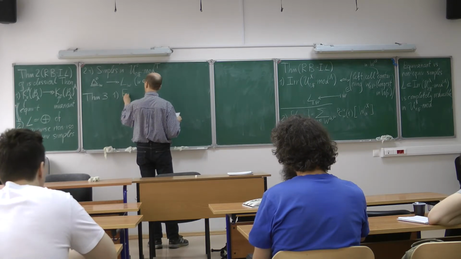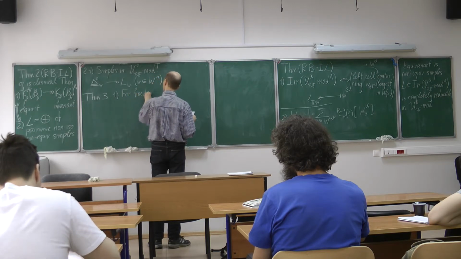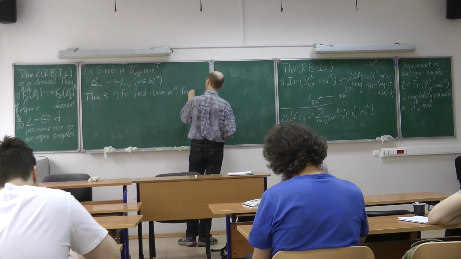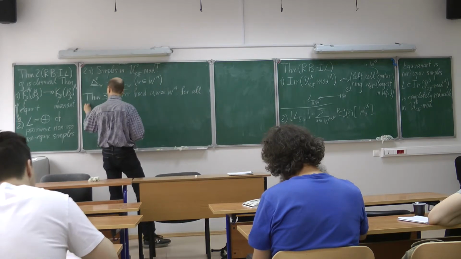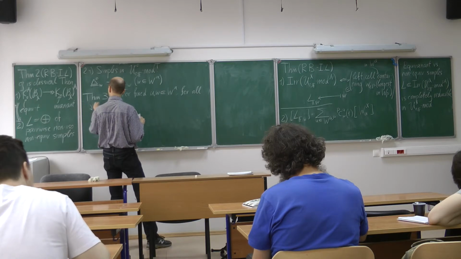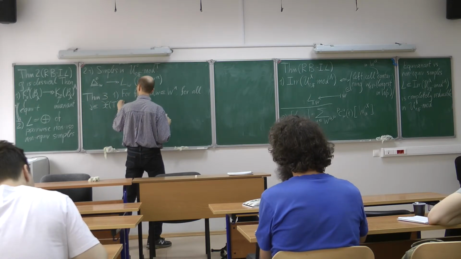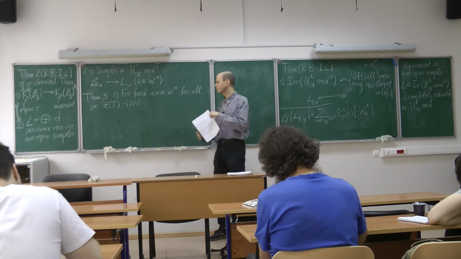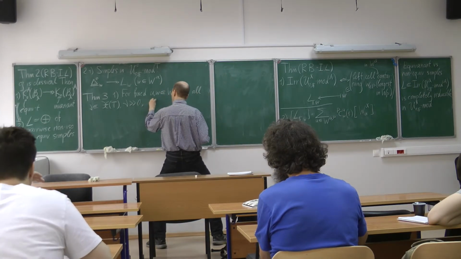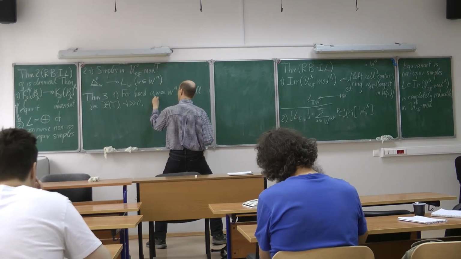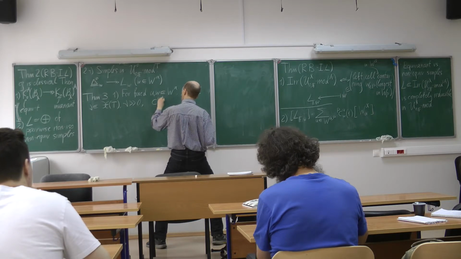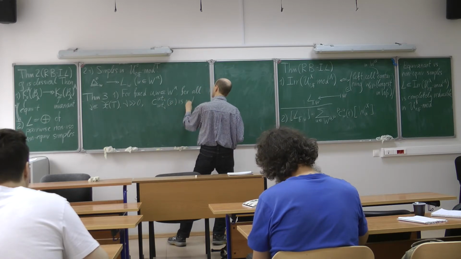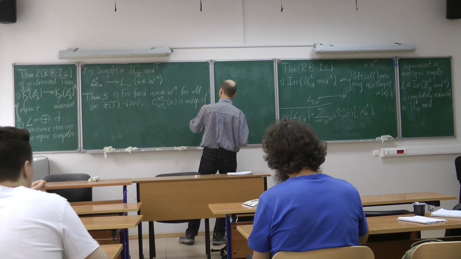For fixed U and W in W affine, and for all sufficiently large ν in the character lattice, meaning that pairings with the simple roots are sufficiently large, the Kazhdan-Lusztig polynomial for the elements U·t_ν, W·t_ν of v is independent of ν. Okay?